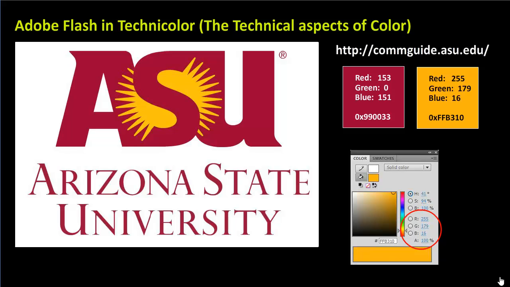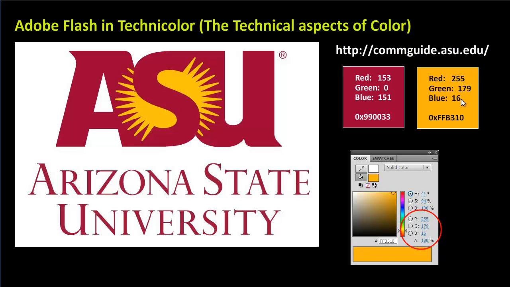They have a guide as to which colors you should use and how you can use the logo and lettering and so forth. And in that guide it specifies that the maroon has a value of red 153, green is 0, and blue is 151. And the gold is 255 red, 179 green, and 16 blue. And you must use those colors.